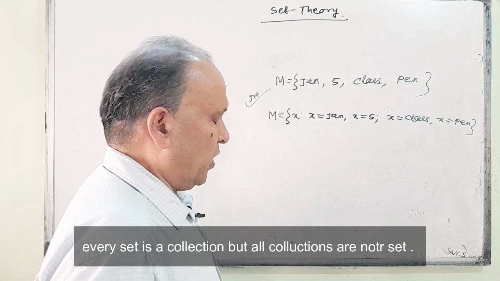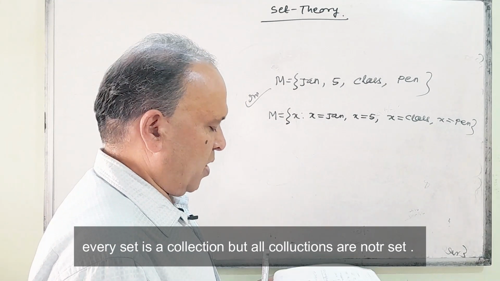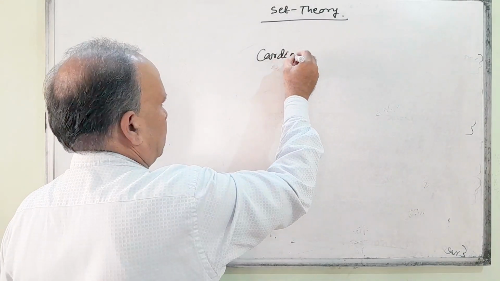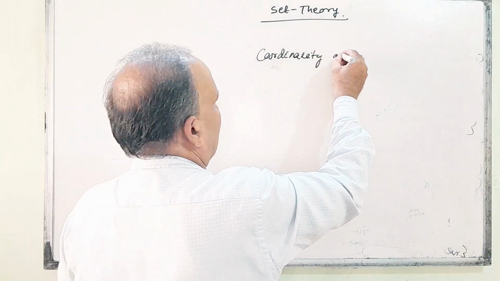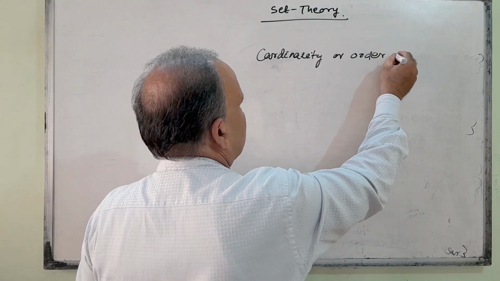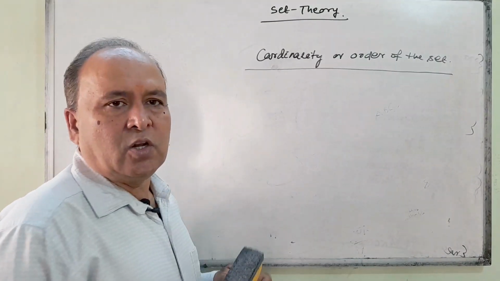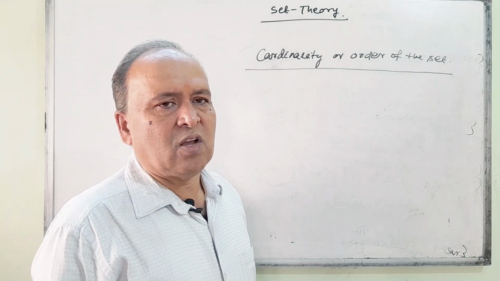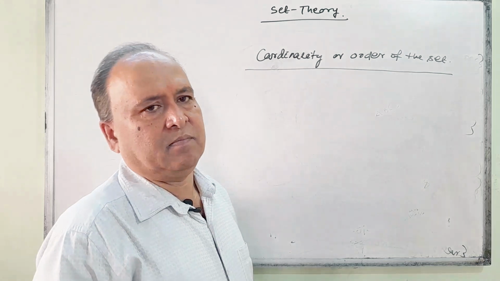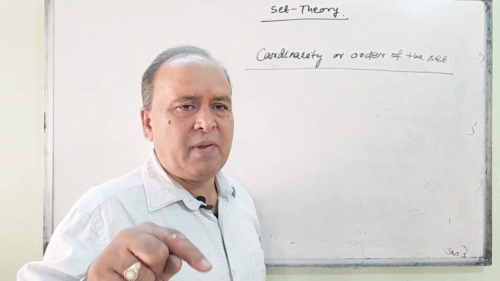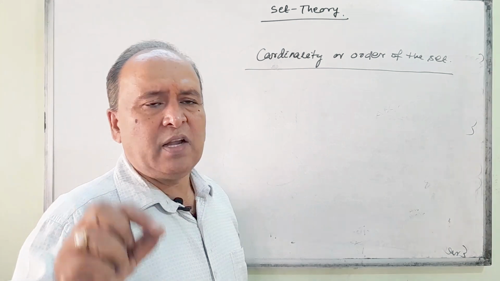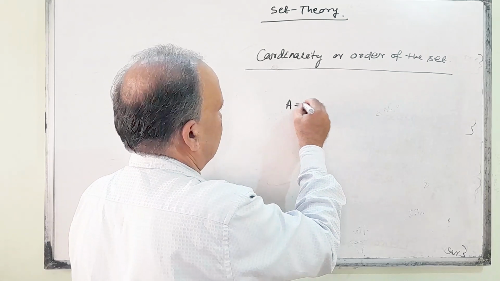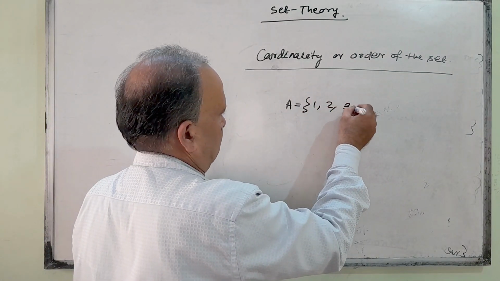Next, I have already told you roster form and set builder form. Now, cardinality or order of the set. You see, the number of elements in a set is called its order or cardinality. Suppose A is a set {1, 2, 3}.